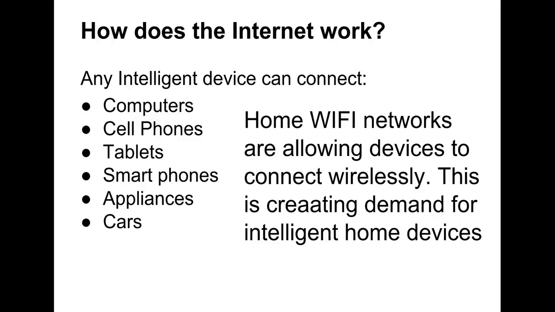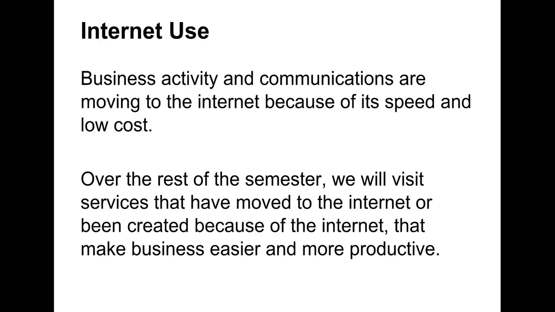With Wi-Fi networks popping up all over the place, you can go to fast food restaurants, you can go to sporting venues, and you see more and more Wi-Fi allowing people to just hook up to the internet. Business activities and communications are moving to the internet because of its speed and low cost. As you know, all businesses have websites, they're using social networking, and you can buy and sell.